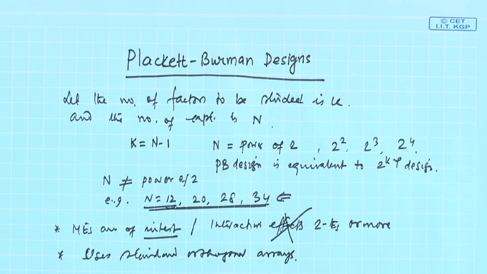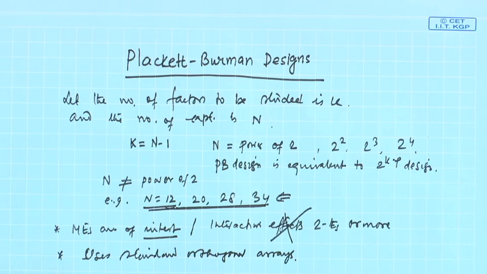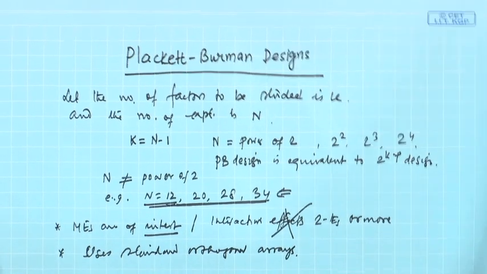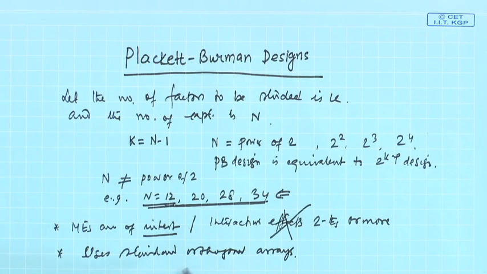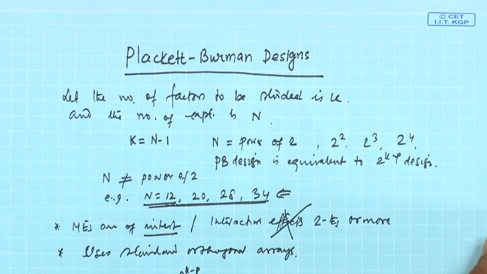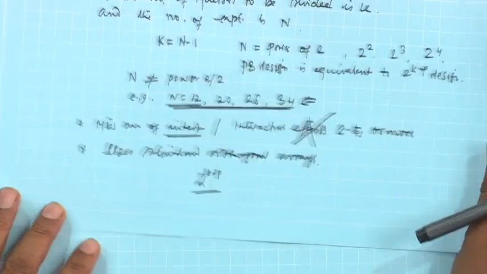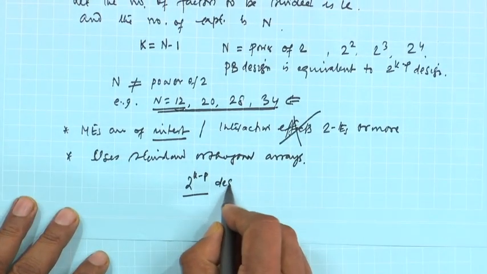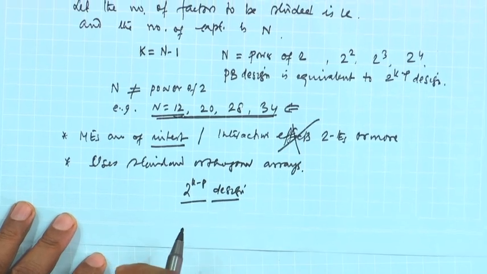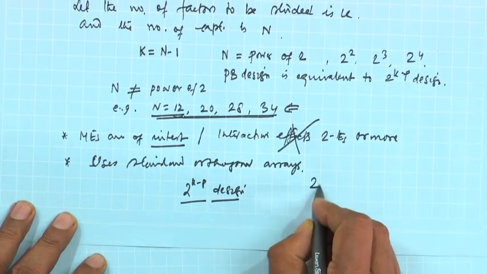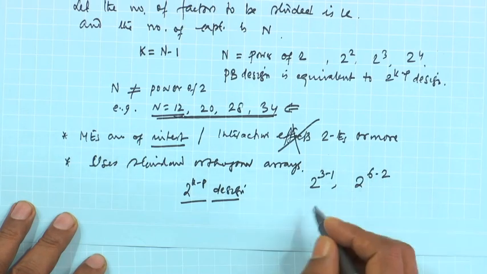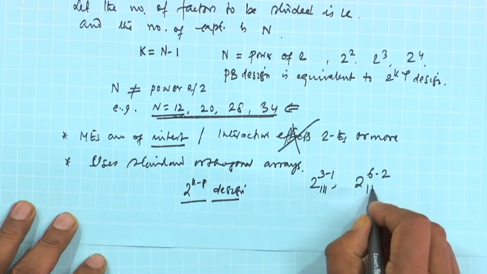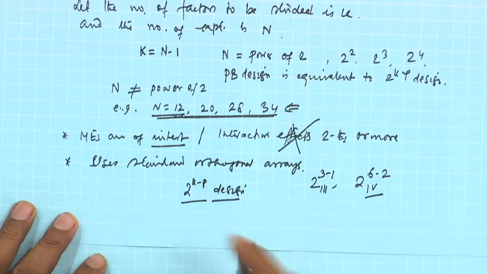Another interesting issue here in Plackett-Burman design is that when we use a fractional factorial design like 2 to the power k minus p design, for example, 2 to the power 3 minus 1 or 2 to the power 6 minus 2, whatever it may be, with resolution 3 or resolution 4, what happens?